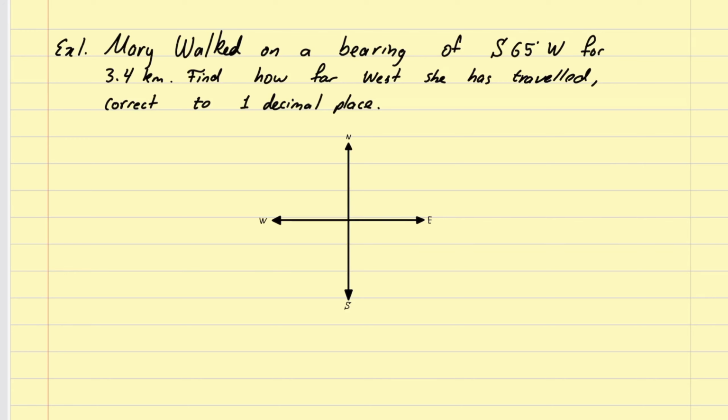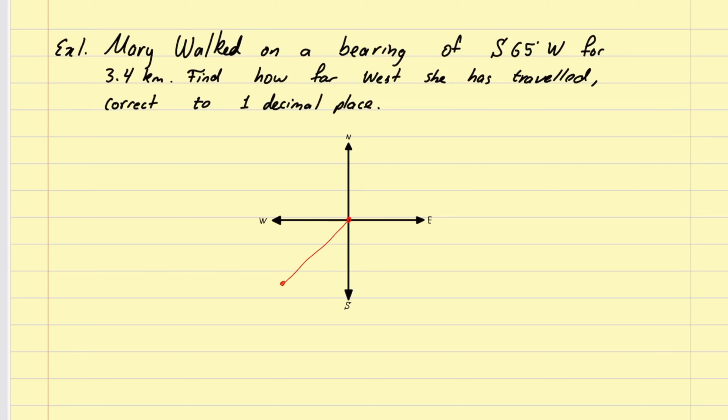Mary walked on a bearing of south 65 degrees to the west. So let's say Mary started over here and she walked on a bearing of south. So now we know that we're going to be somewhere here on the south side, right? And she's going 65 degrees to the west direction. So she's going to be somewhere over here now.